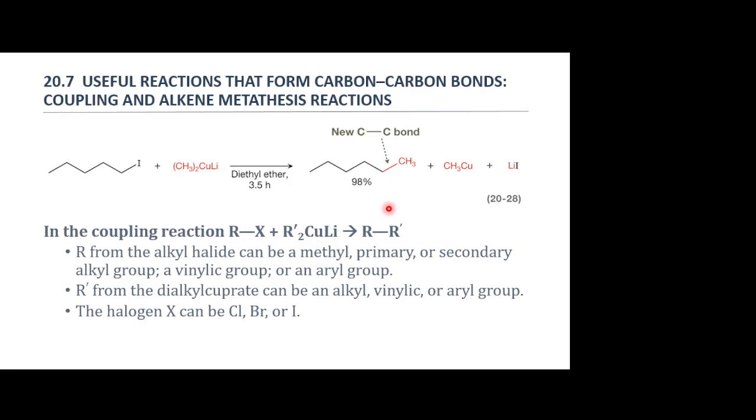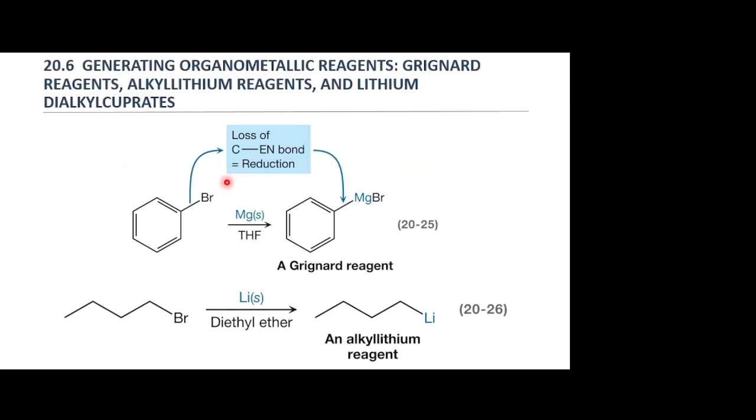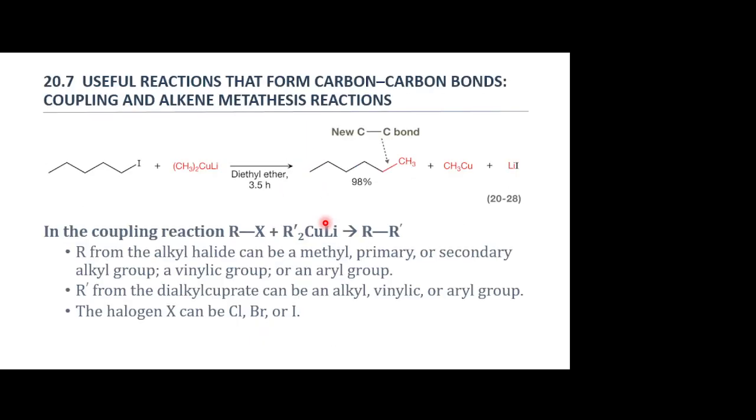Okay. This dialkyl cuprate, these can be alkyl groups, vinylic groups, or aryl groups. So you can actually do this, for example, with something like this, where it's a benzene ring or something similar. So this actually opens up a huge number of different carbon groups you could assemble together into almost anything you want.